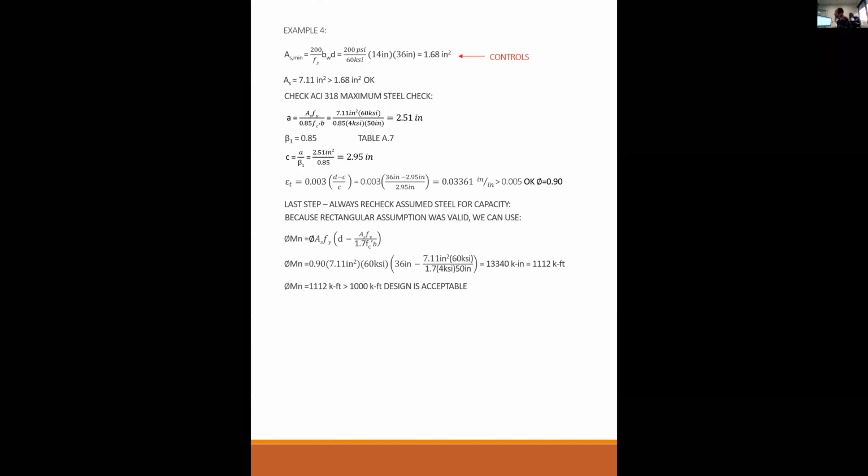But that's okay, because c is the distance to the neutral axis, and a is the assumed thickness of the Whitney stress block. And yes, there is a little bit of an incongruency there between what we're assuming and reality. You remember the very first lecture where I did the integrals with the functions?